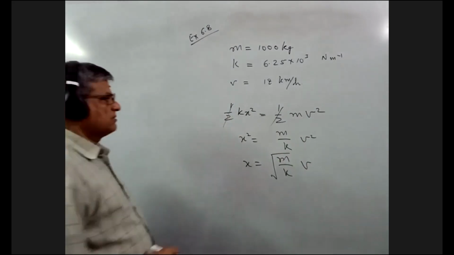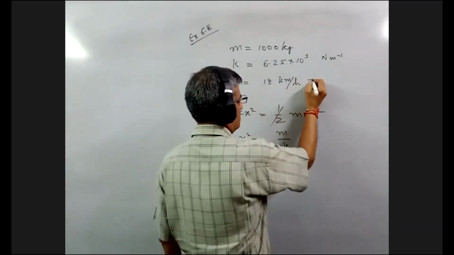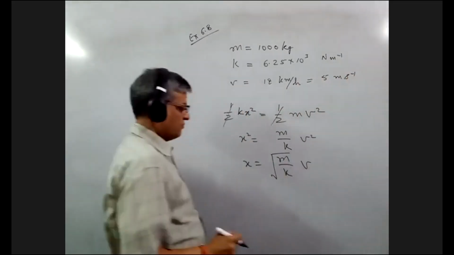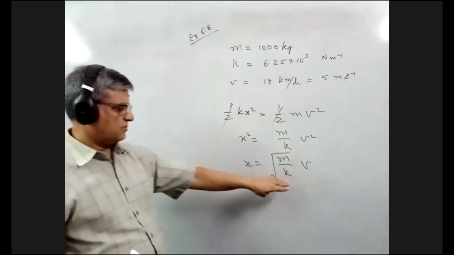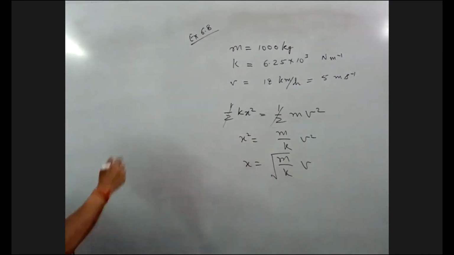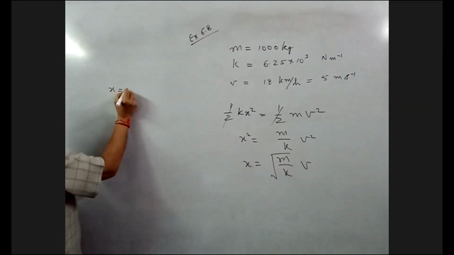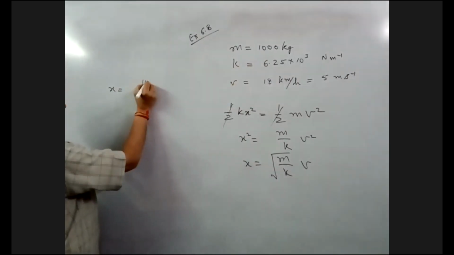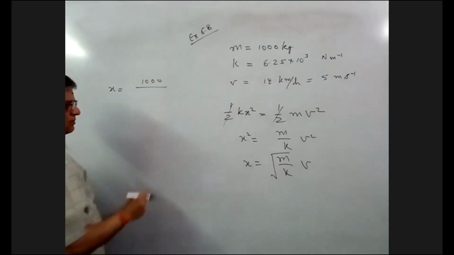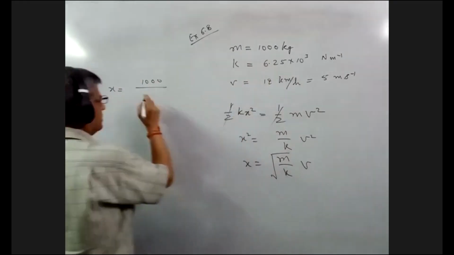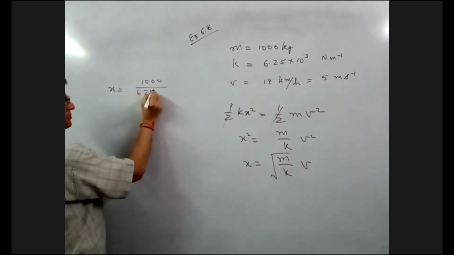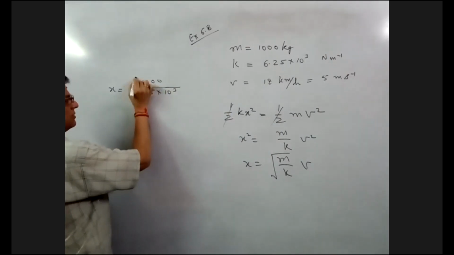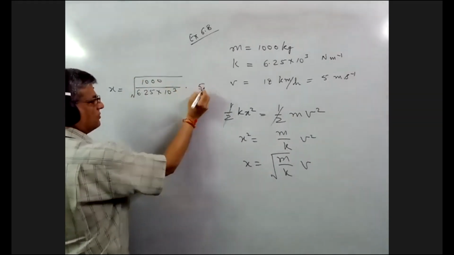Now this velocity, which is given as 18 kilometers per hour, is equal to 5 meters per second. So we use these quantities here, and x becomes the square root of 1000 upon 6.25 into 10 to the power 3, into 5.